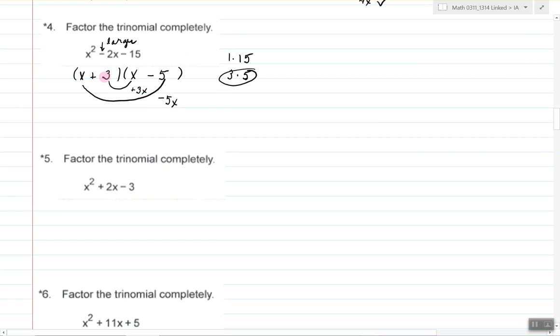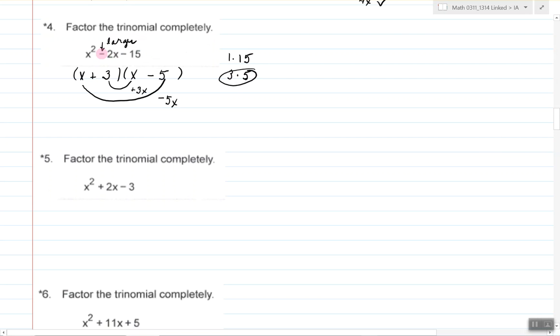Finally, positive 3 times negative 5 gives me negative 15. You have to think a little bit more when you're dealing with a last term that's negative, because you're looking for factors that subtract to give you the middle value, and you have to remember that the larger of the two factors will go with the sign that you see right here.